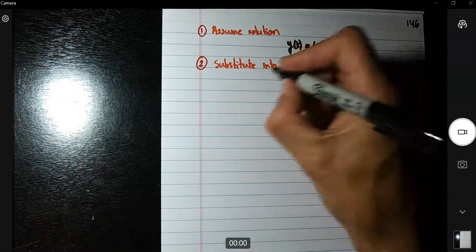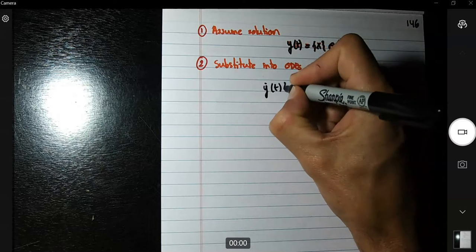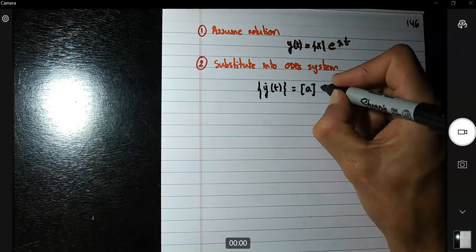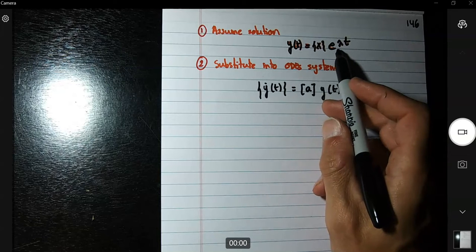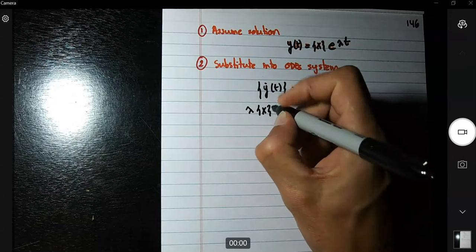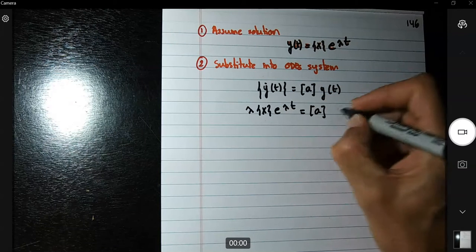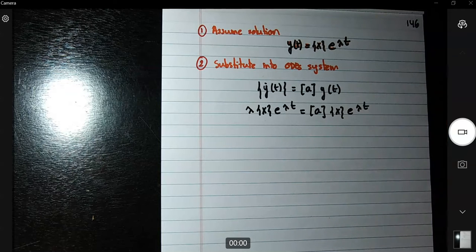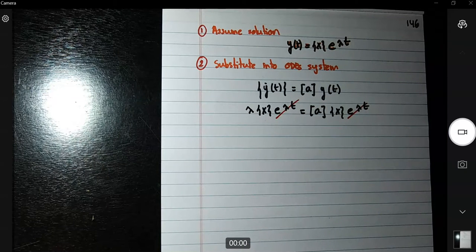So in our case, the ODE is of the form y' equal A y of t. So we substitute the solution. We take the derivative of this one. What do we get? Lambda x e to the lambda t will be equal to A x e to the lambda t. So here you see right away that we could cancel the exponential on each side.